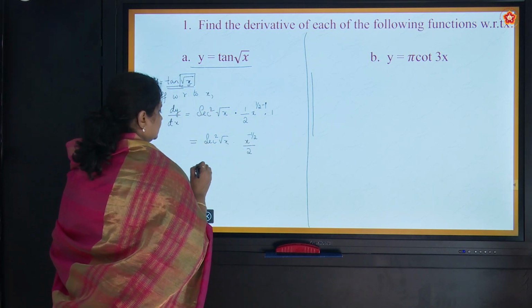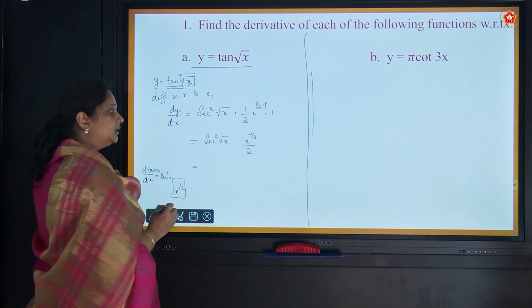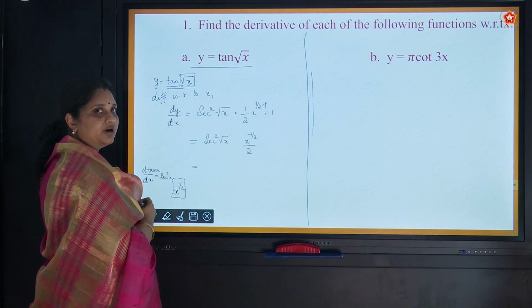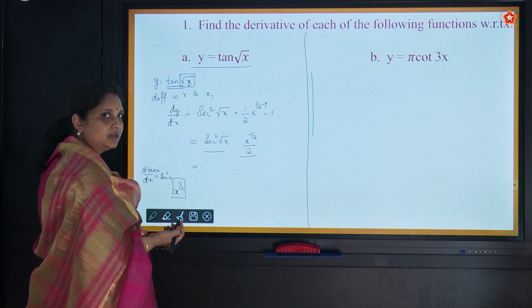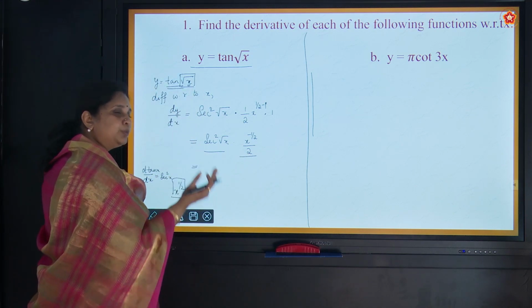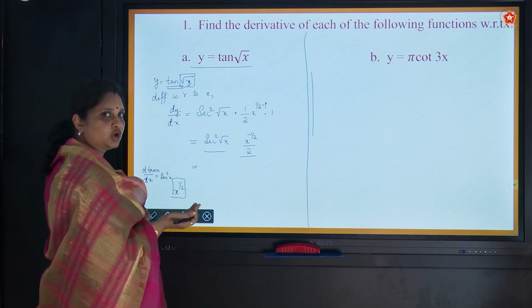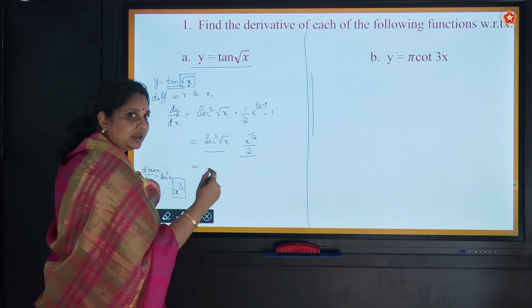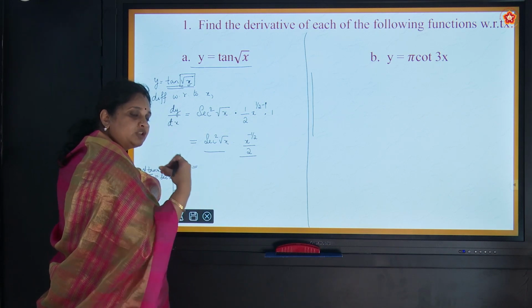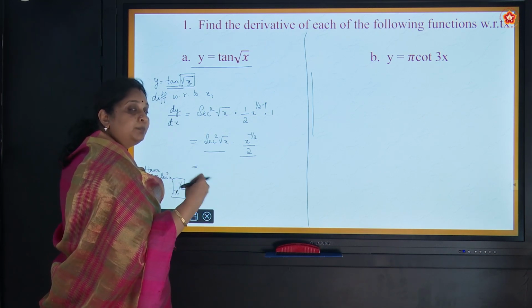Now, always remember, put the algebraic function first. It's a product of two different functions. In such cases, always put the algebraic function first before the trigonometric function. So now, x power minus half by 2. And the second rule that we've seen is, we should always express in positive powers.